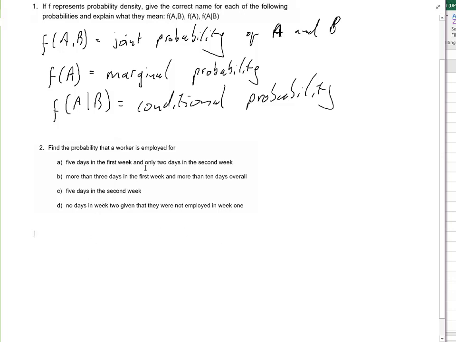So 5 days in the first week and only 2 days in the second week. What I'm going to do to write these out is, and please wake up, I hope you're not sitting and chilling too much and this is too easy. Hopefully you can pause and try and do this. There are 2 challenges to each part. First is to write the thing properly using this. So what's the question I'm asking you using this? And then the second challenge is find the answer. So see if you can do both.